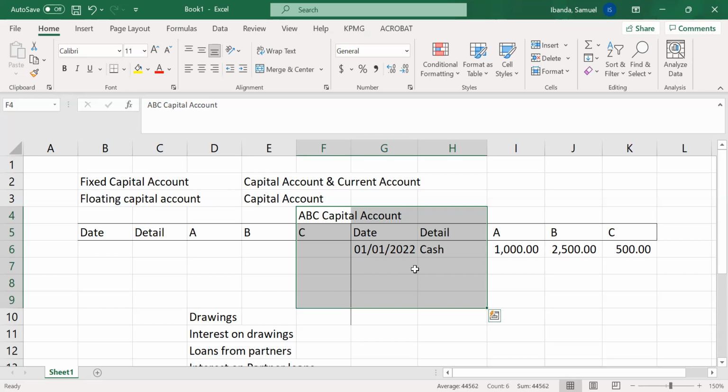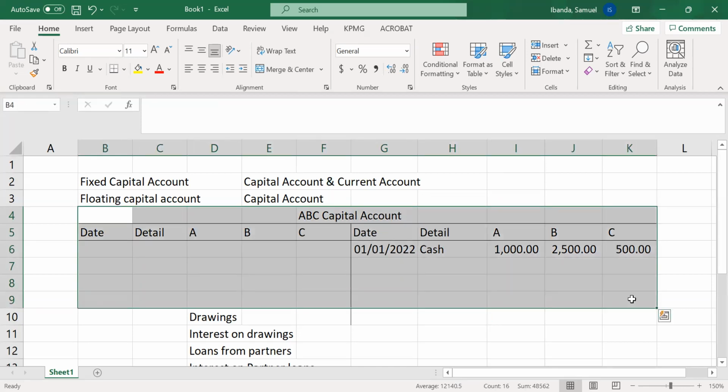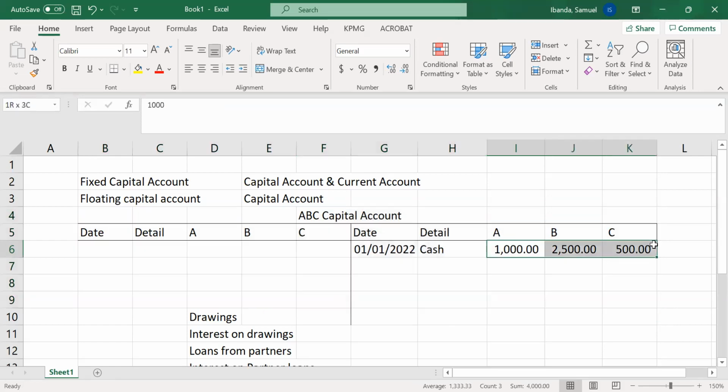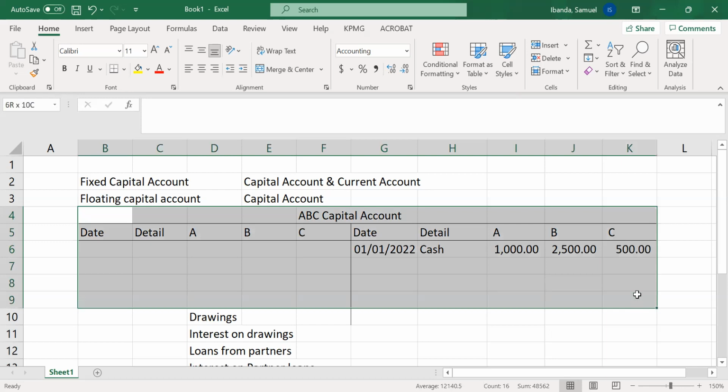But some partners may say that we want to run our capital account like one for a sole proprietor, not changed at all. If we contributed, this is the capital we contributed, and that should be our capital account. Then they decide to have something very similar, but this time they call it a current account.